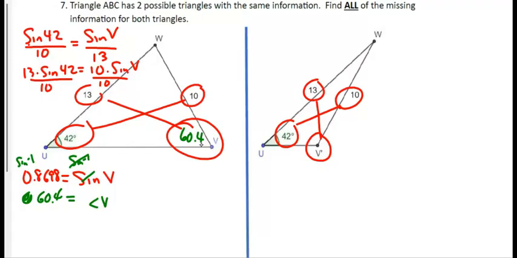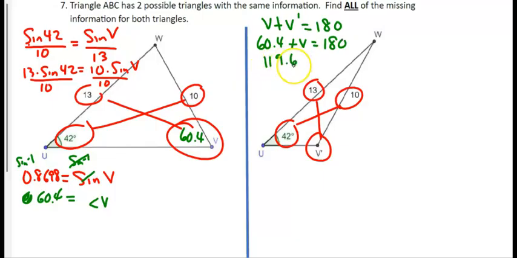So V prime and V added together is supposed to be 180 degrees based on the construction that we've been doing. So V prime will be whatever is left of the 180 degrees. So 180 minus 60.4 is 119.6 degrees.